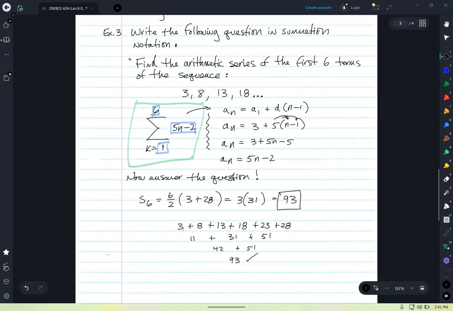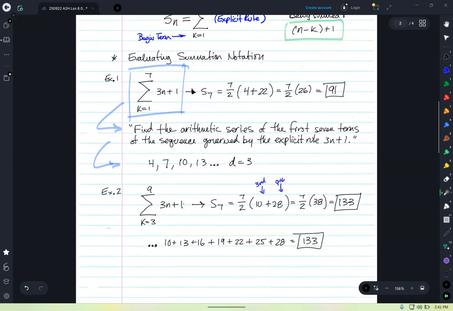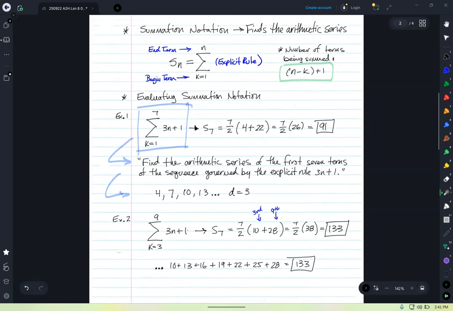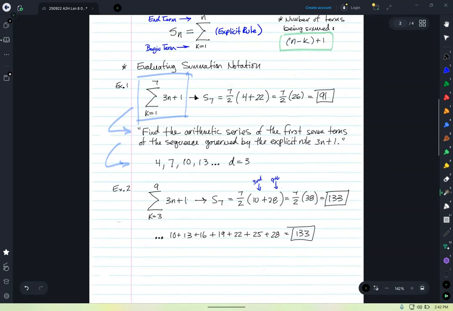Okay, so let's just review before we go to practicing. You have learned three things today. You've learned what summation notation is. Then you've evaluated it starting at the first term. You've evaluated it starting at some other term.